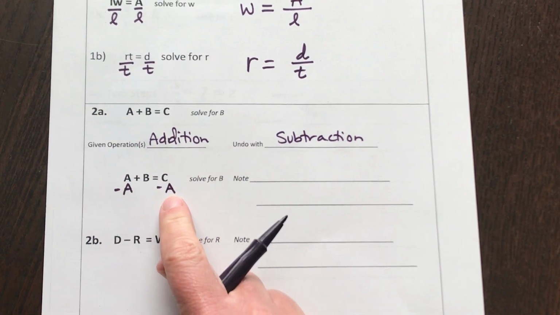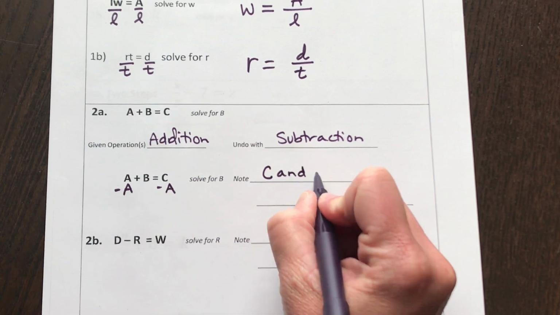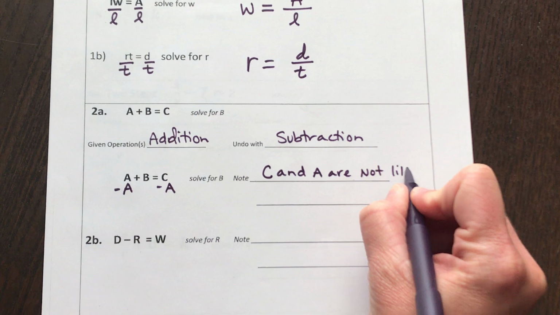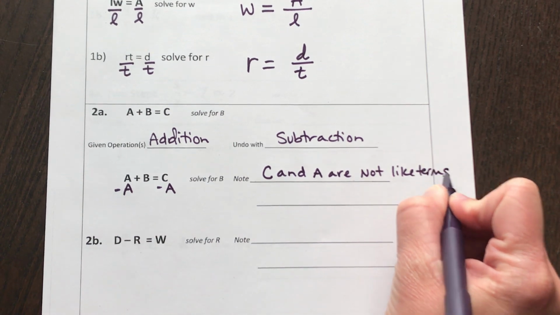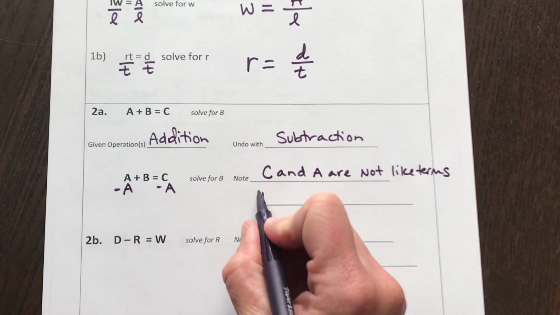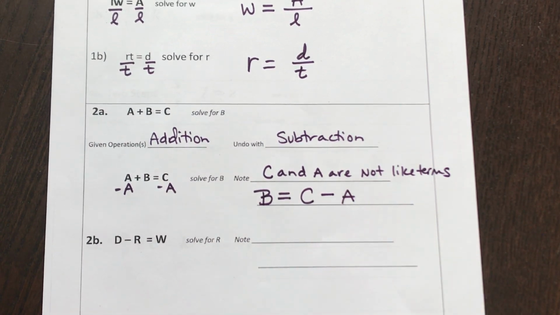Note that c and a are not like terms. They're two different letters, so they cannot be combined together. So my b would be equal to c minus a.